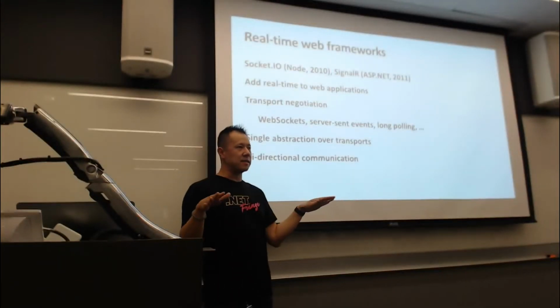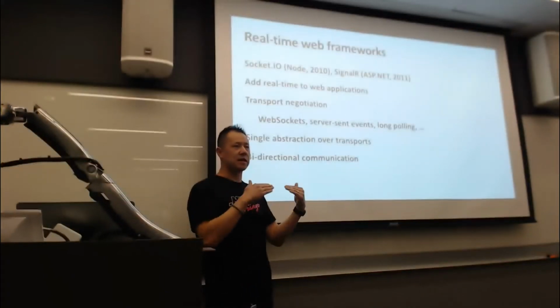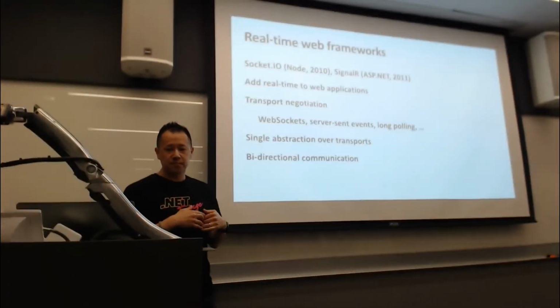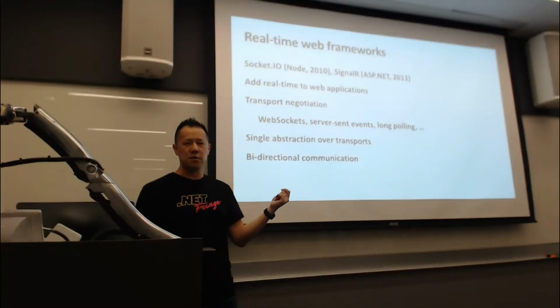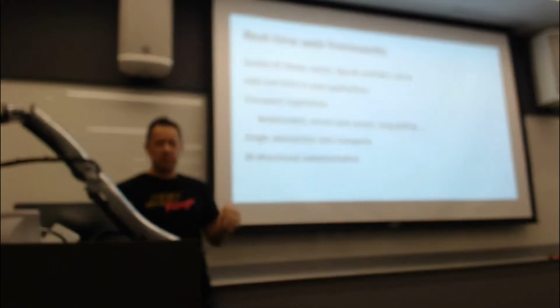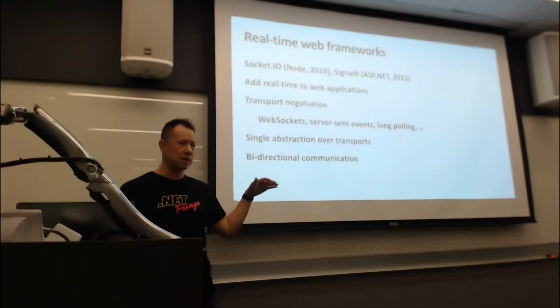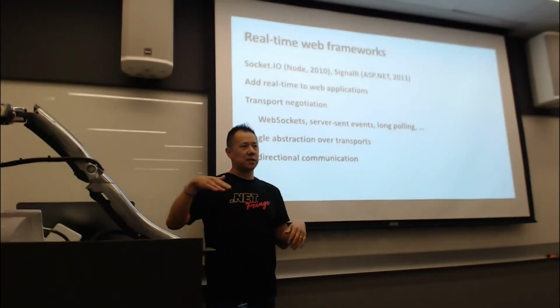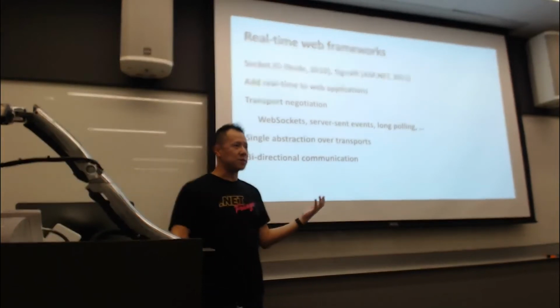Behind the scenes, on every connection, it figures out the best type of connection you can have with the client. These days, with SignalR and Socket.io, it will prefer WebSockets, but it will fall back to server-sent events and long polling. And I think in the case of Socket.io, it does other things as well, until it finds one that actually works. So like I was saying, a single abstraction over the transport.